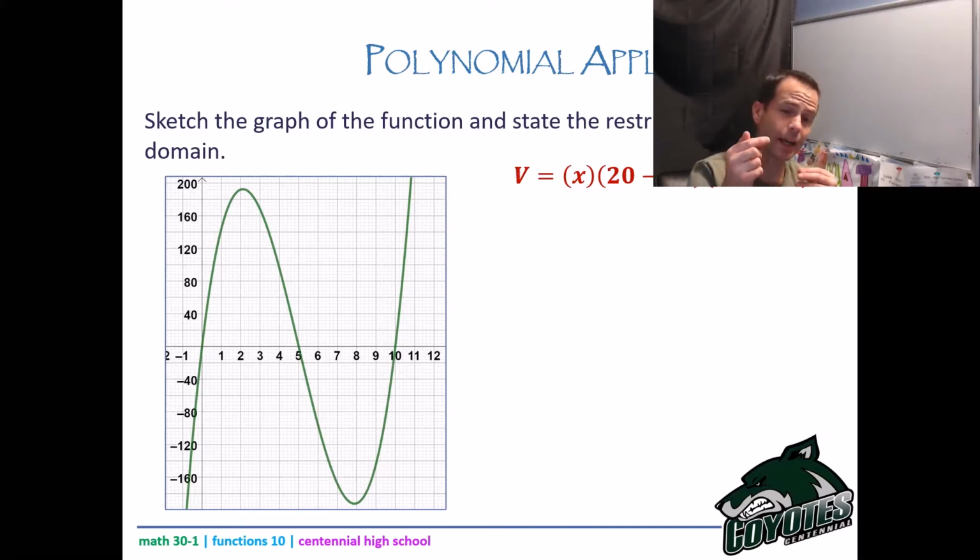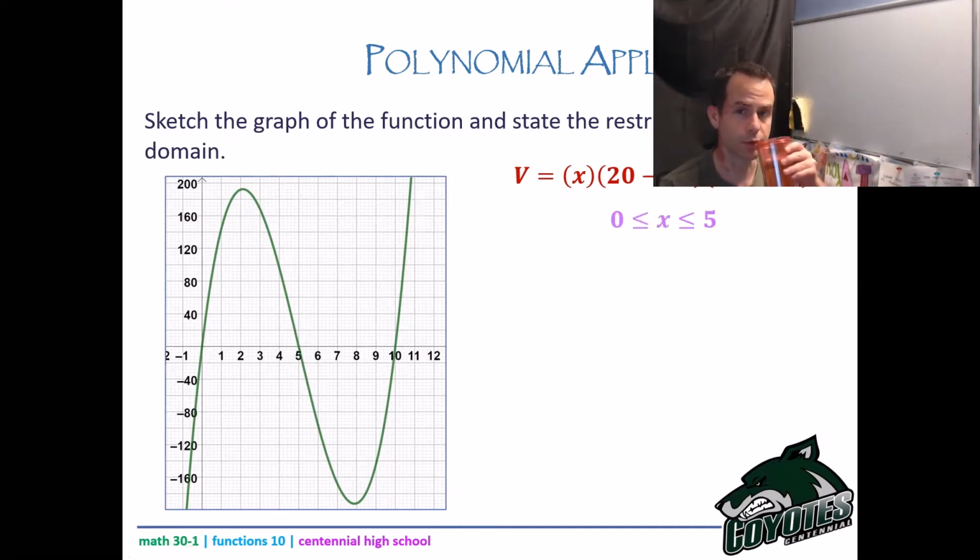And then anything higher than an x value of 5 is actually going to give me a negative value for one of my dimensions after that, so it's not going to work. So really, we can only look up to when x is 5. And obviously, x can't be negative, so the restrictive domain would be between 0 and 5. Okay, x would have to be between 0 and 5.